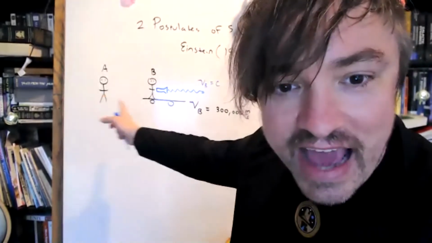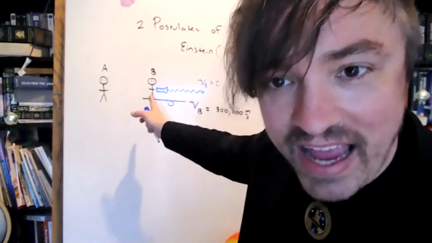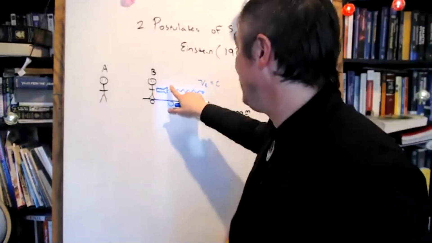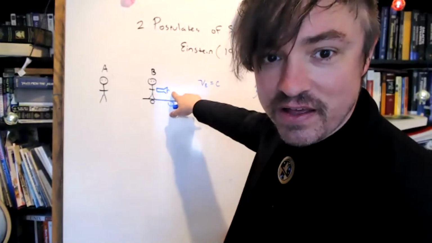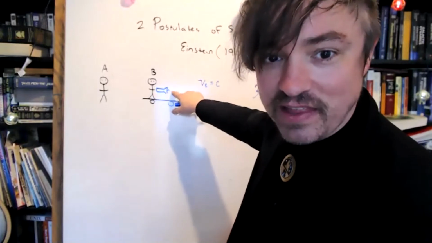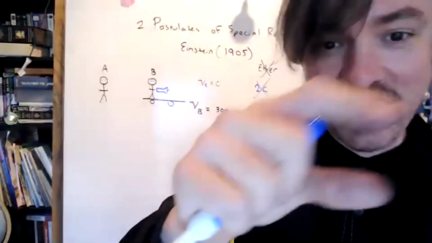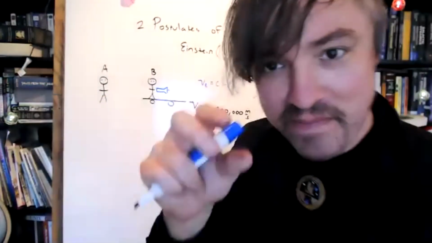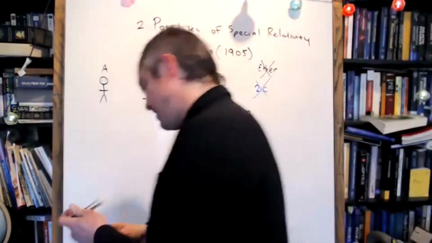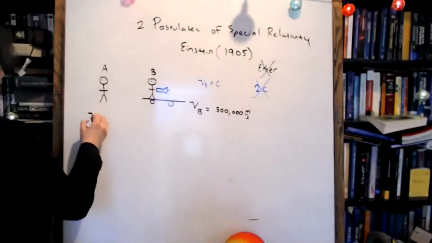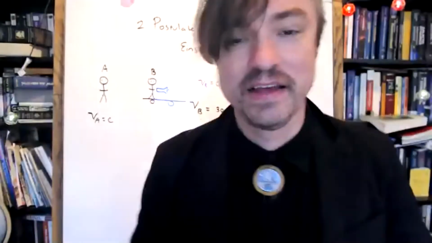What happens when B flips the switch? In a way, nothing. B and the laser beam stick together, and the laser beam never actually leaves the flashlight because B and the laser beam have the same speed of c. In other words, the velocity according to A has to be c. The velocity for B has to be c.